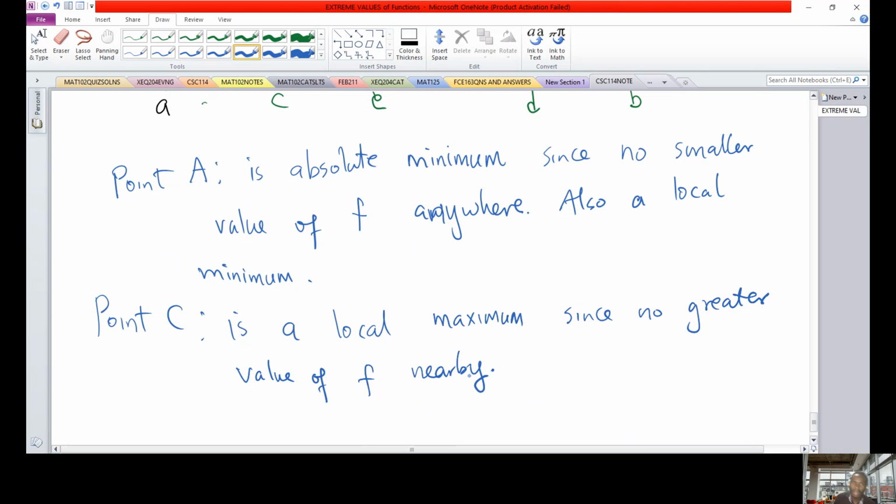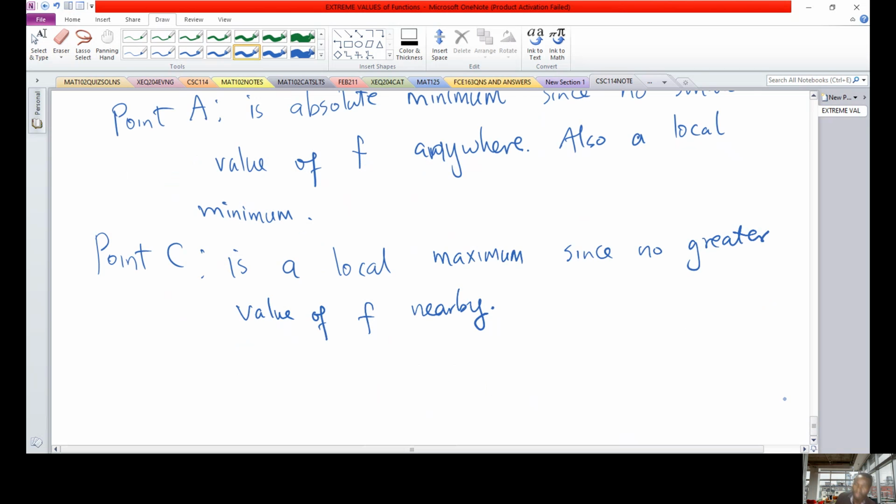But it is not an absolute maximum because in the whole domain of the function it is not the only maximum value. There are other points which are higher than that.